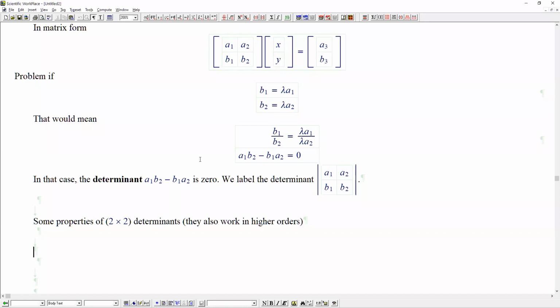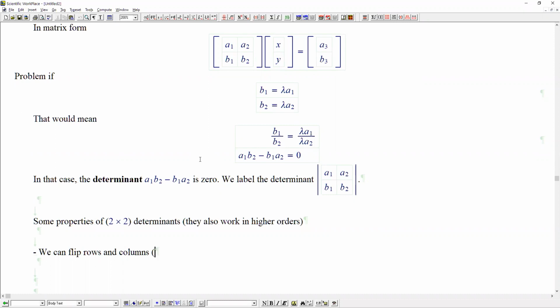So first property, we can flip rows and columns.